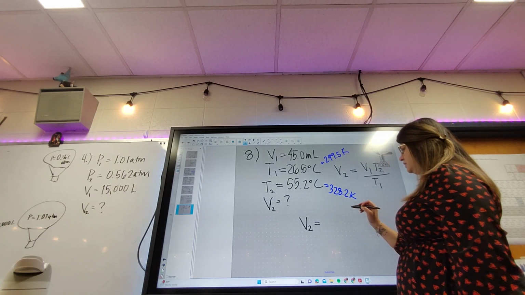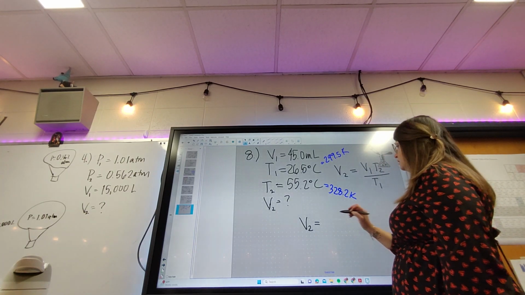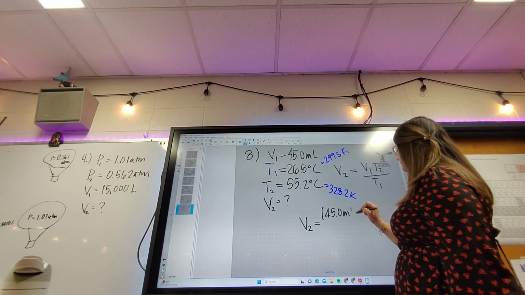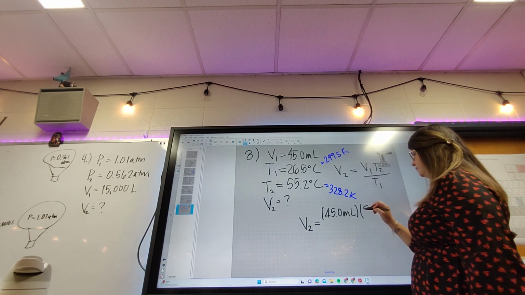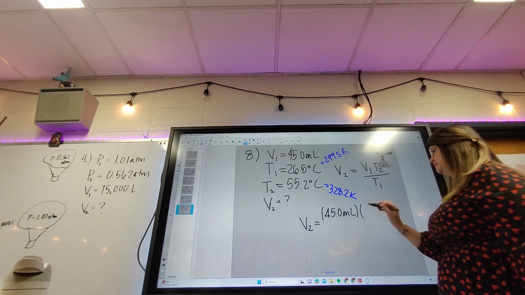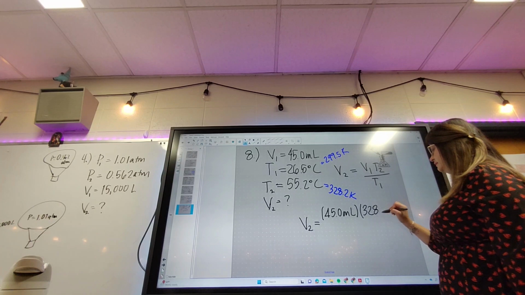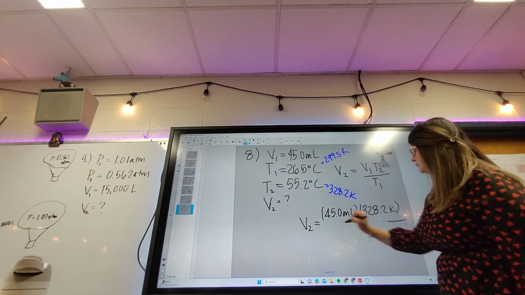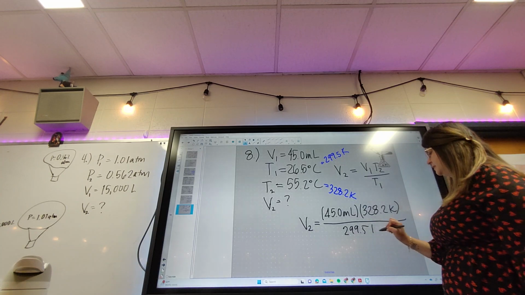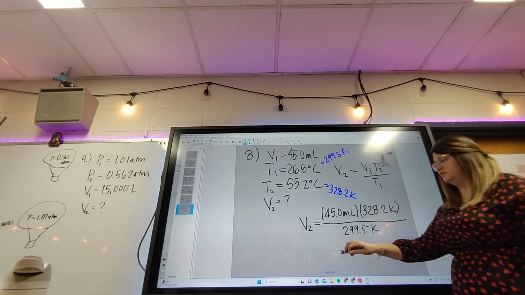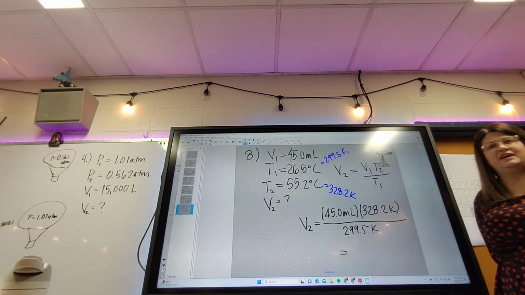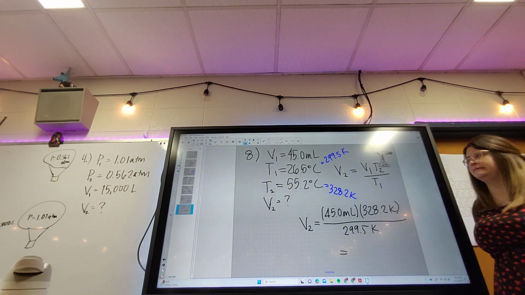Okay, so if we do V2, see, I was going to just start writing 55.2. So sometimes what I'll do is, without even writing the degrees Celsius down, I'll just convert it first and then write that in my data table.